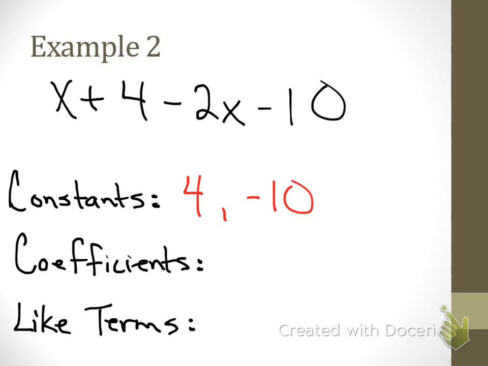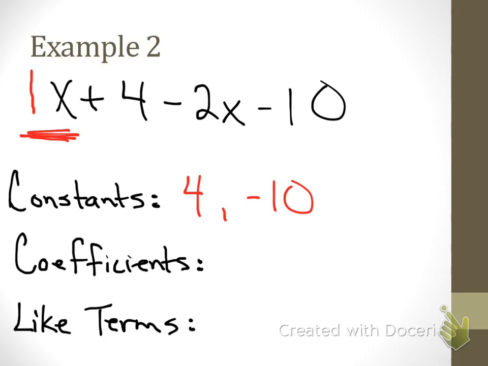Now, what about coefficients? Chris? X and 2x. Okay, remember, the coefficient is the number only in a term that has a variable. Now, let's look at this term in the expression, x. Anytime you see a variable by itself, it has an understood 1 in front of it.